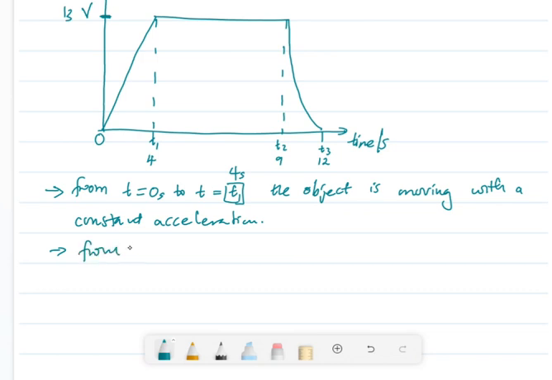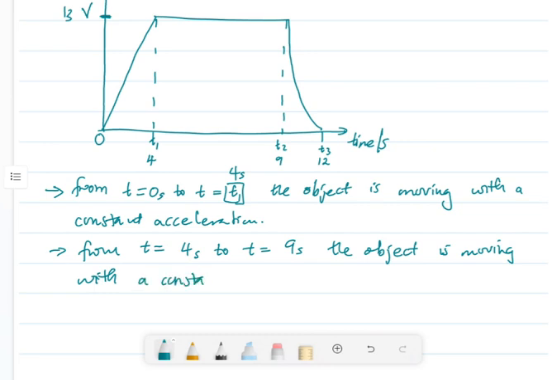And then when it comes to the second part, you can say from t equal to 4 seconds to t equal to 9 seconds, the object is moving with a constant speed.